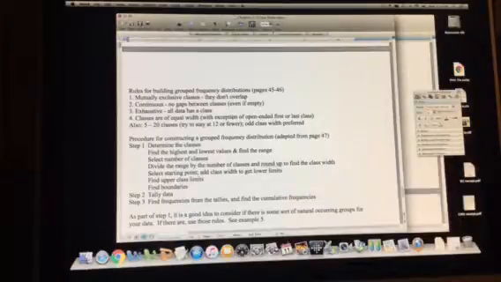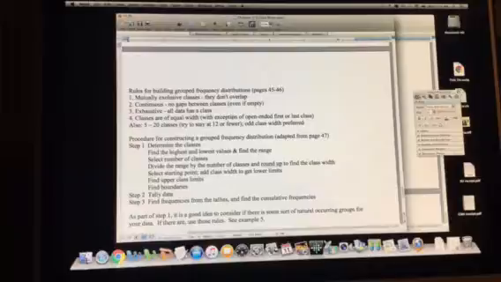It's permissible to have an open-ended first class or an open-ended last class, or both. So, for instance, if you were looking at a survey where the age ranges are 0 to 19, or less than 19, 20 to 29, 30 to 39, and then maybe at the top they go 70 plus. So that less than 19, or up to 19, and the 70 plus would be open-ended, whereas all those classes in between need to be the same width.